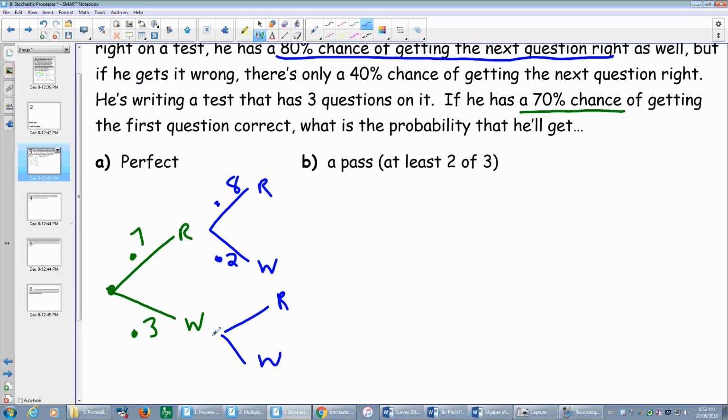Okay, now I have to look at this next case here. If he gets the first question wrong, what is the probability that he gets the second question correct? If he gets it wrong, there's only a 40% chance of getting the next question correct. So here comes 0.4. So what's the probability that he answers the first question wrong and then the second question wrong?